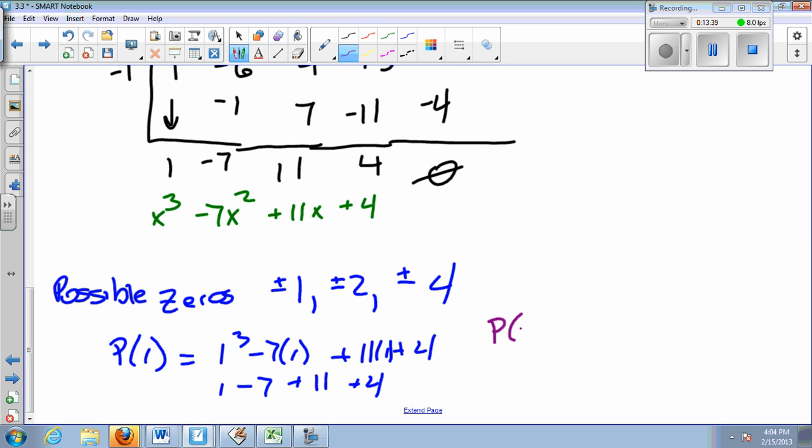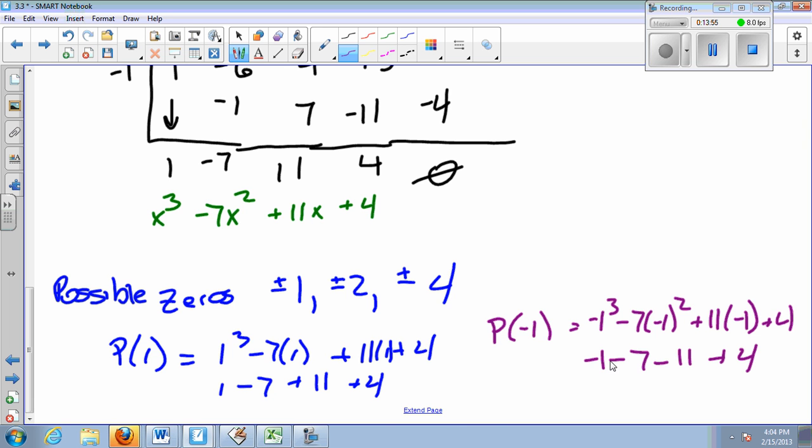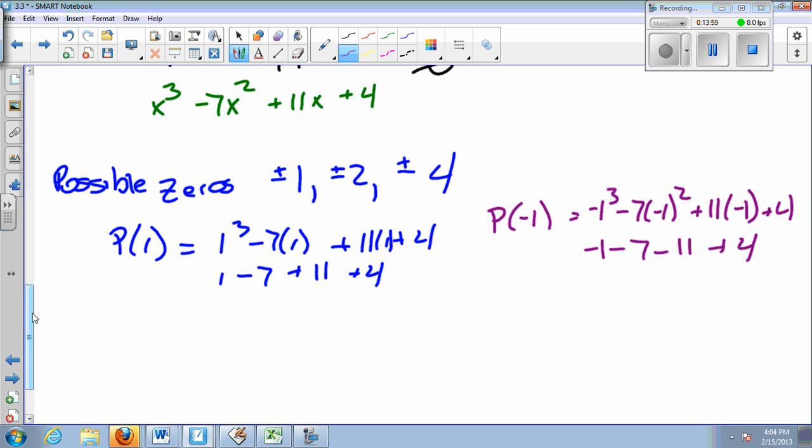Let's try P of negative 1. Negative 1 cubed minus 7 times negative 1 squared plus 11 times negative 1 plus 4. Negative 1 minus 7 minus 11 plus 4 doesn't work either. So you go to 2.